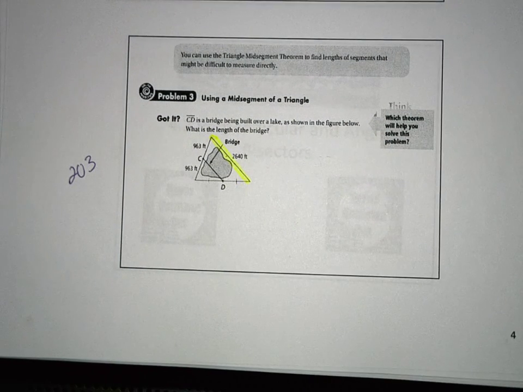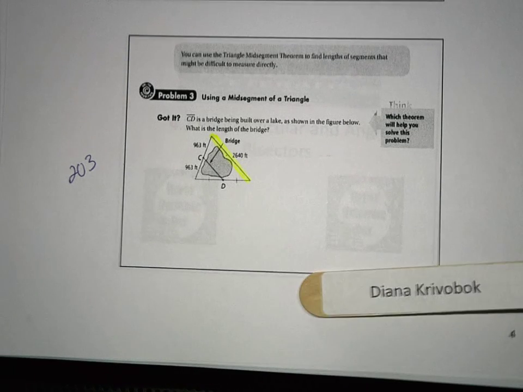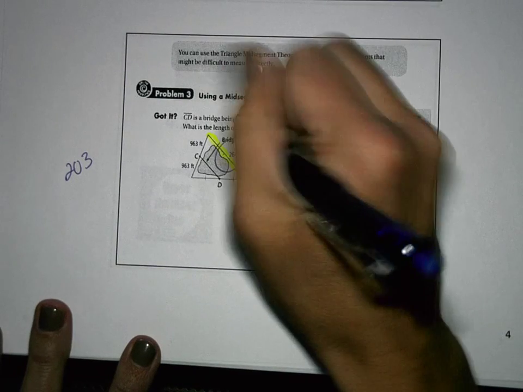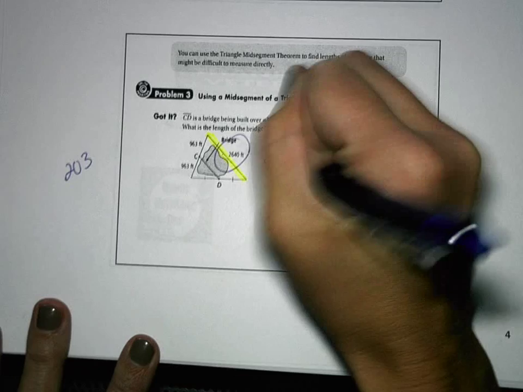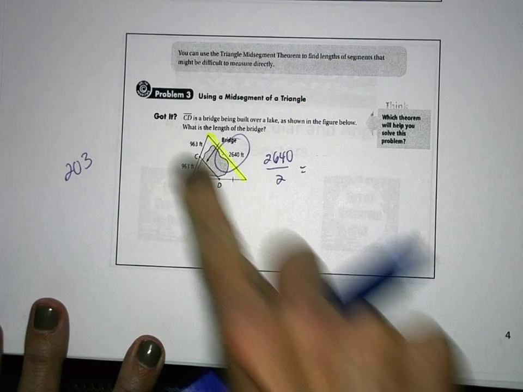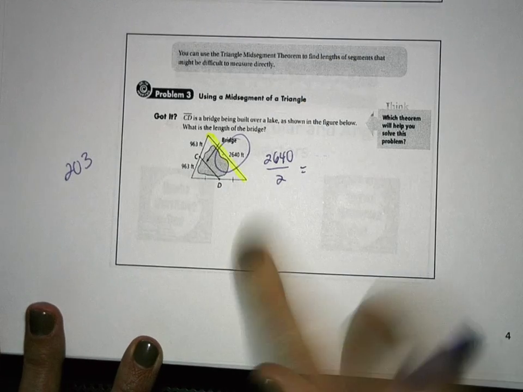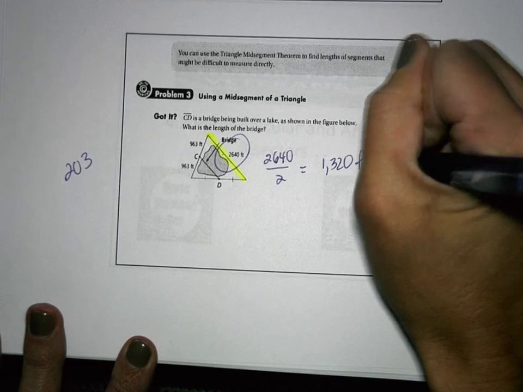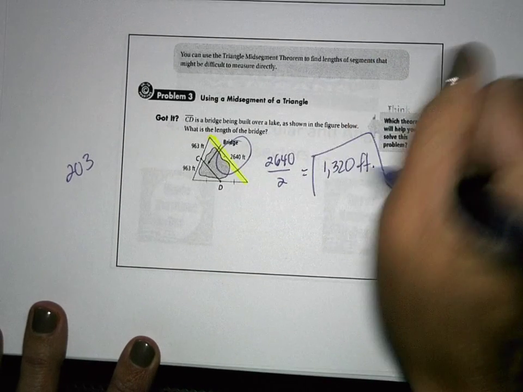I can see that some of you know the answer. Diana, what would you do? Exactly. All we do is take that and divide by 2 to get this segment here in the middle. And when you divide by 2, you get 1,320, and that is in terms of feet. Okay, questions?